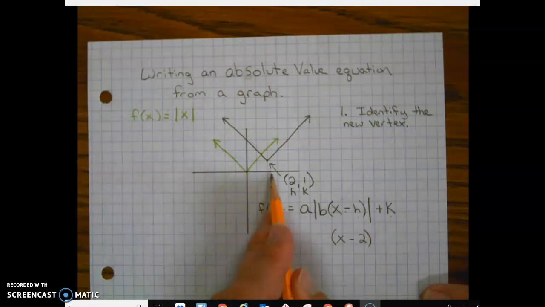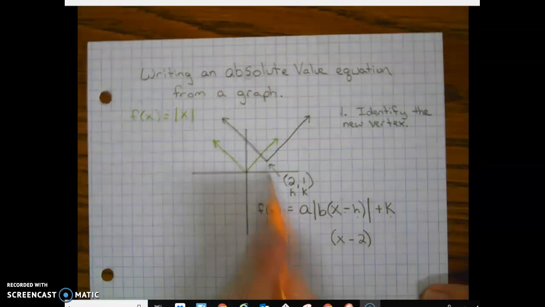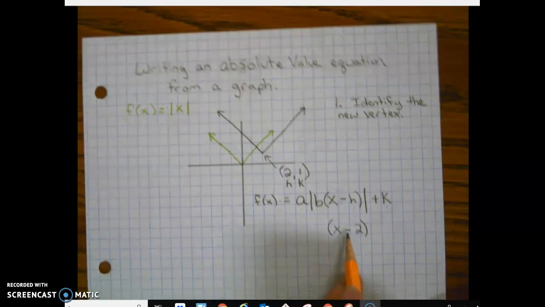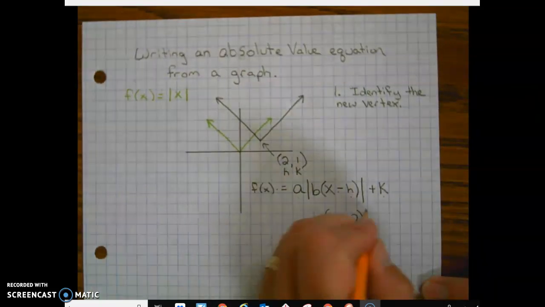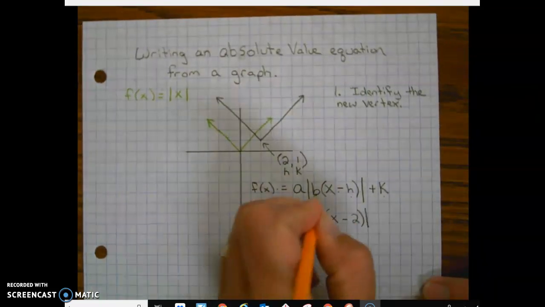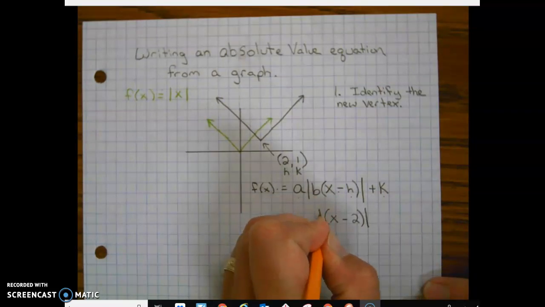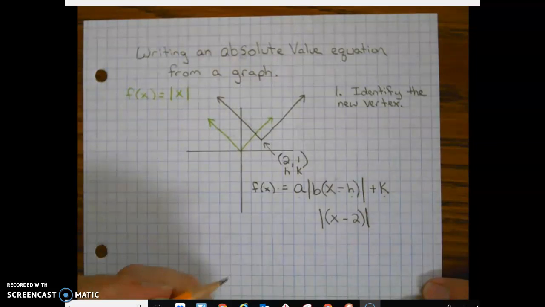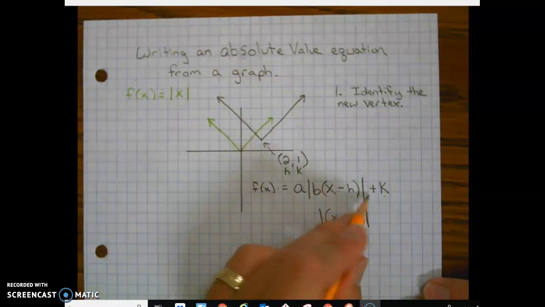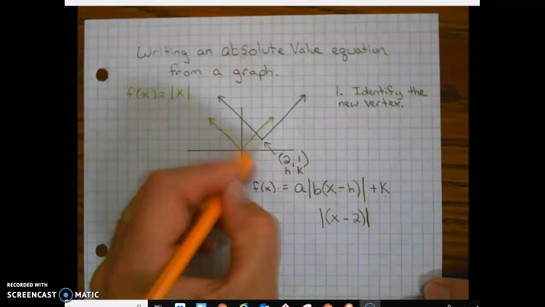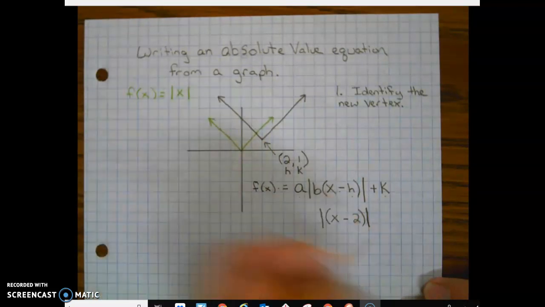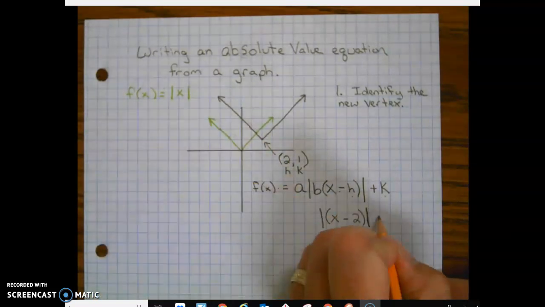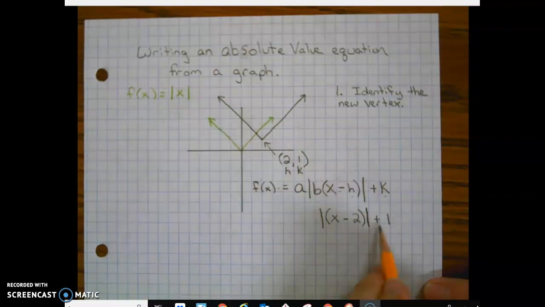So since we moved right 2, it's going to be x minus 2. And as I said before, we're not going to be dealing with any horizontal stretches or compressions. So I'm going to put my absolute value symbols on this because we have an absolute value function. And then our k value is 1. It's moved up 1 unit, so plus 1.